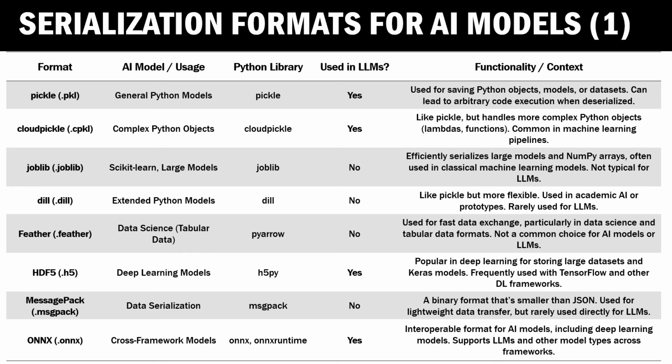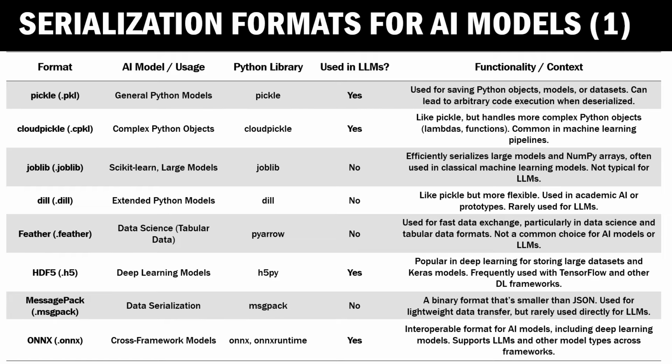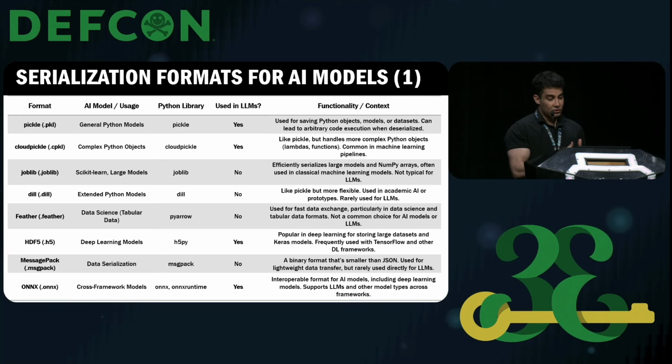In the next two slides, what I really want to point out is that there are a lot of Python modules, and some of them are being used in LLMs. So Pickle is one that is being used in LLMs, Cloudpickle is another one, and we mentioned ONNX. But because of the prevalence of Python in large language models and in the AI workflow and pipeline, attackers don't necessarily need to use them.